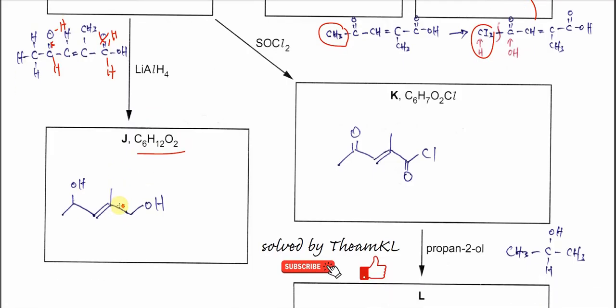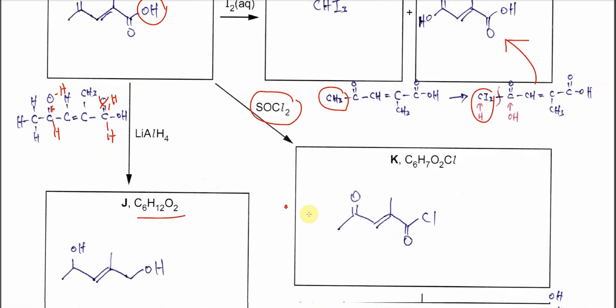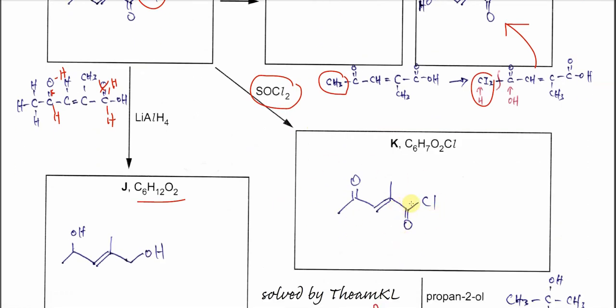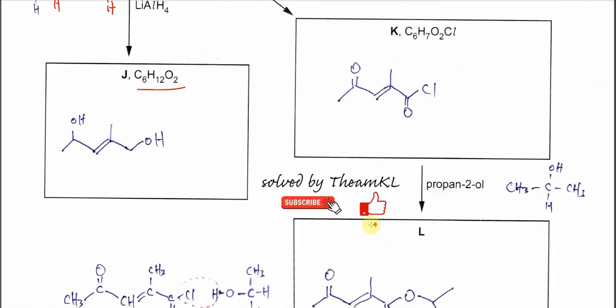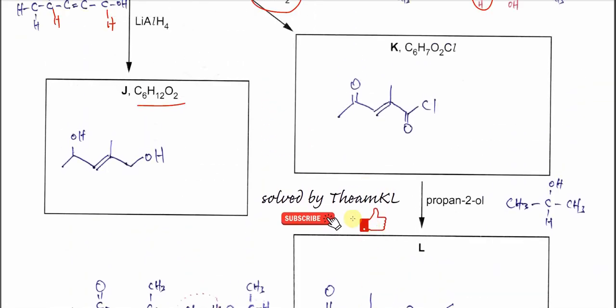Okay, quite straightforward now. For compound F, if it reacts with SOCl2, this part will react. It will undergo substitution: OH is substituted by chlorine to form an acyl chloride, only at this part. After that, compound K, the last one, reacts with propan-2-ol. Propan-2-ol is this one, right?